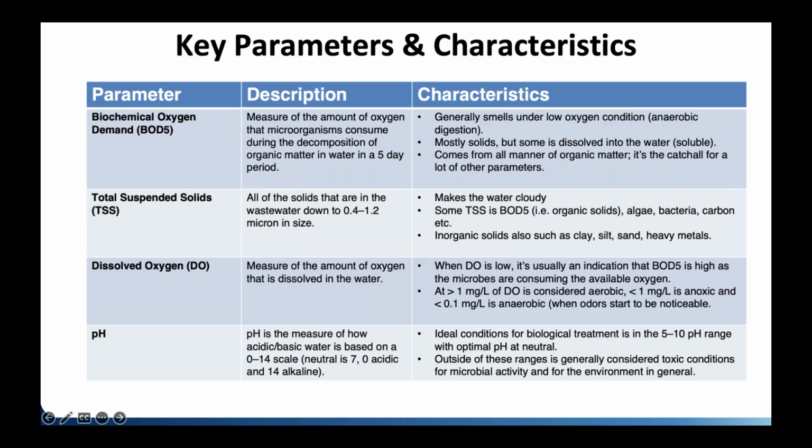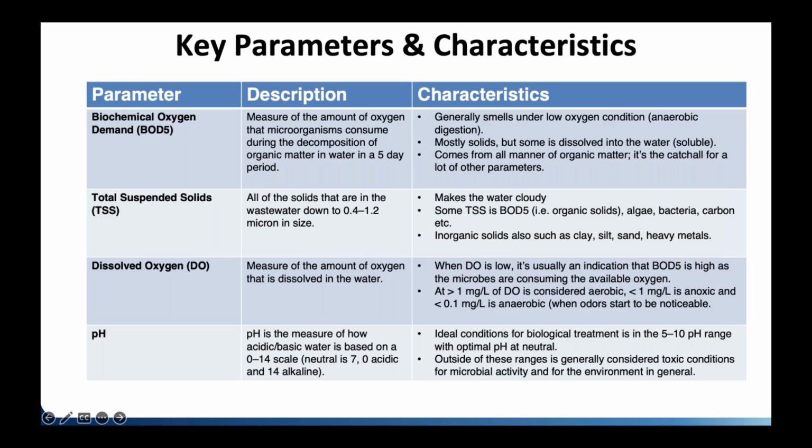Generally speaking, if you have over 1, it's considered aerobic, which means you have sufficient oxygen to break down things with oxygen. If it's under 1, it's anoxic, which means you're getting a little bit of aerobic digestion, a little bit of anaerobic digestion. And if it's less than 0.1, it's typically considered more anaerobic, which means the bugs are breaking down the waste without oxygen.